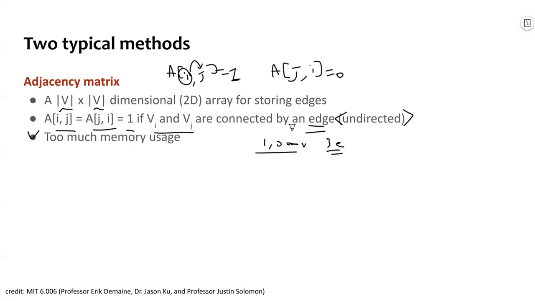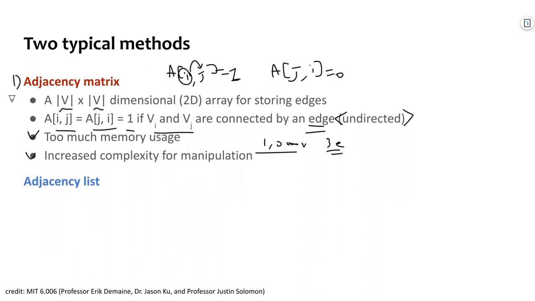That is a waste of memory. And as we have more and more vertices and edges, the complexity for manipulation increases more and more. So these are two issues with the adjacency matrix. And this is the first method that we use to represent graphs in a computer.